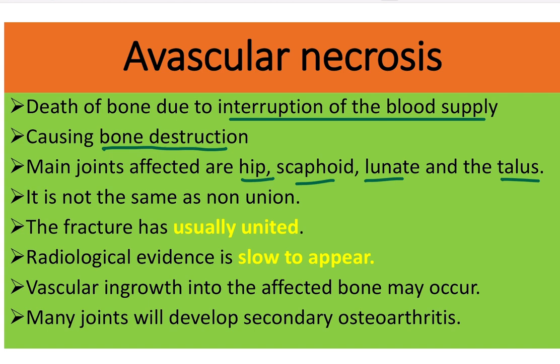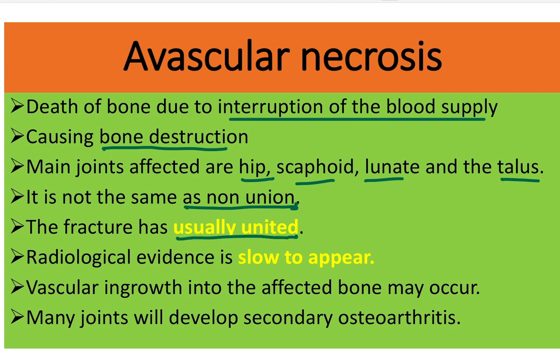It is not the same as non-union. Non-union develops following management of a fracture, and fracture occurs due to any type of injury such as a road traffic accident. But avascular necrosis is not the same. Here the fracture usually unites. That means the fracture occurs, but the fracture is united.